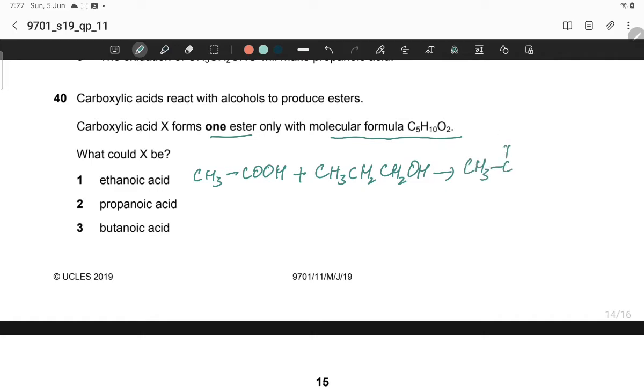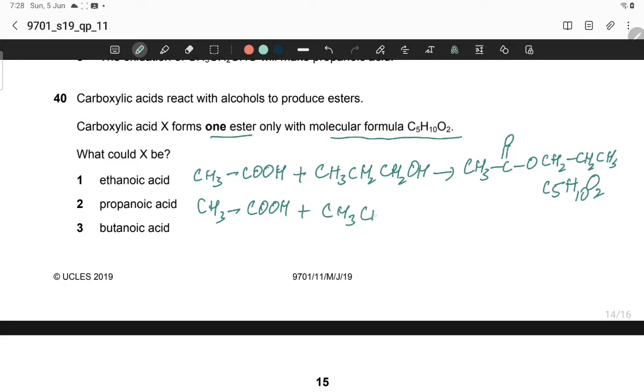CH3C double bond O, CH2 CH3, and formula is C5H10O2. This compound is formed by reacting another type of alcohol like this. So this is primary alcohol. Secondary alcohol can also react with CH3 CHOH CH3.